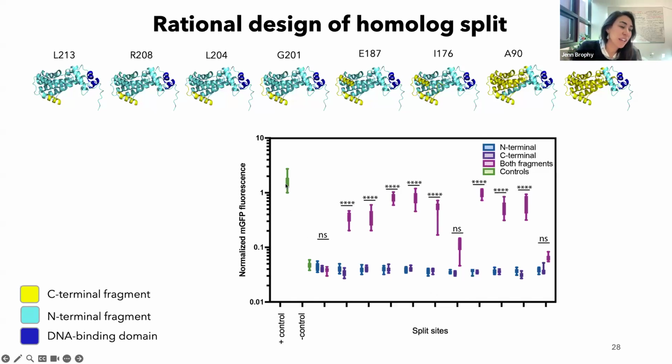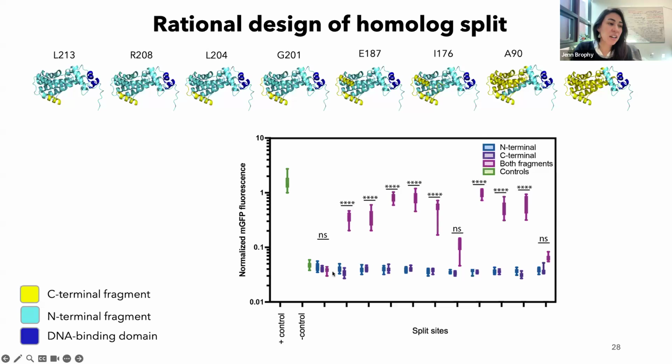What you're seeing on this graph here is two controls. This is a promoter that's activated by her synthetic transcription factor. In the absence of the synthetic transcription factor, it's got pretty low GFP. With the full-length transcription factor, it has this increase in GFP. And then each of these is showing you one half of the split transcription factor or both halves together.